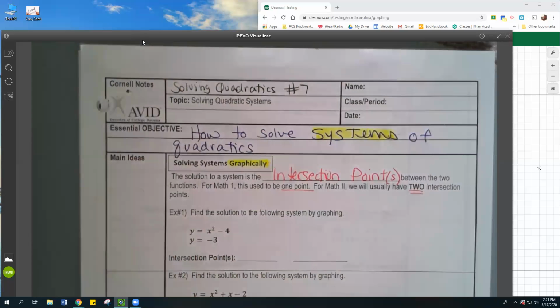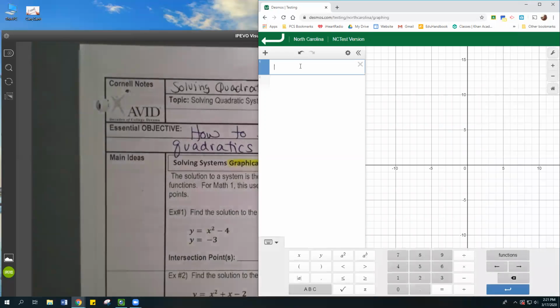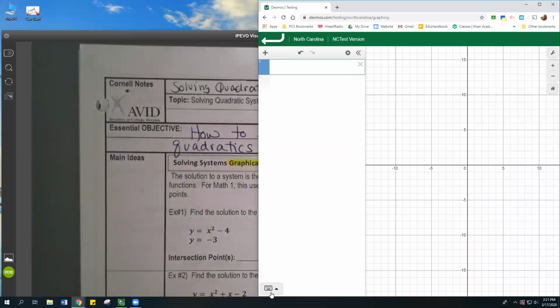So I am going to flip over to Desmos, and I'm going to grab my keyboard, and I am going to type in my two equations. So all you're going to do is click inside of the box, and if this little keyboard here doesn't pop up, it will look like that.